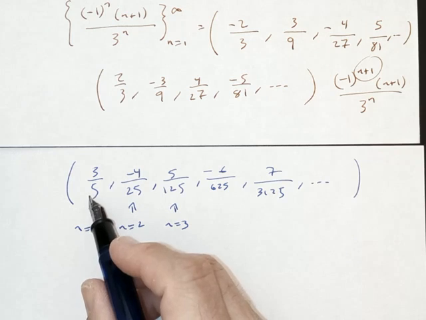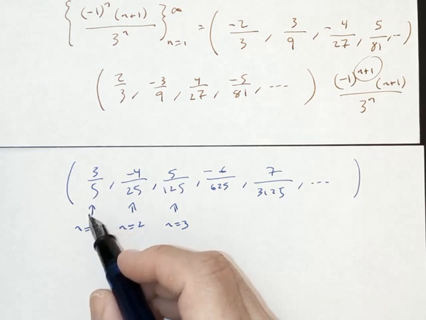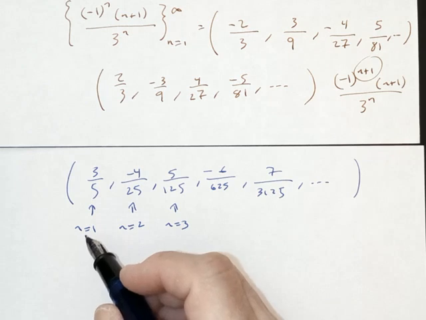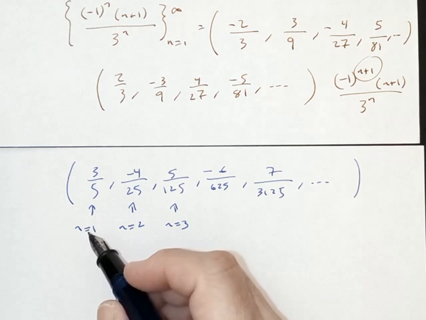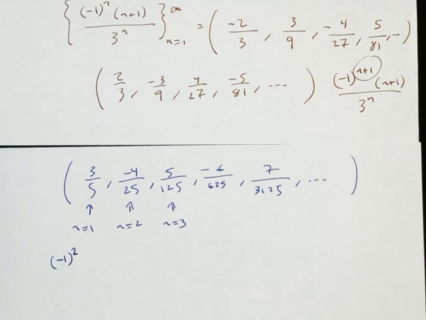If I'd used n equals 0, I'd write minus 1 to the 0, which would be positive. But you used n equals 1, Dom, so I'm going to write minus 1 to the n plus 1 to make that minus 1 squared, which is positive. Because I need a plus there.